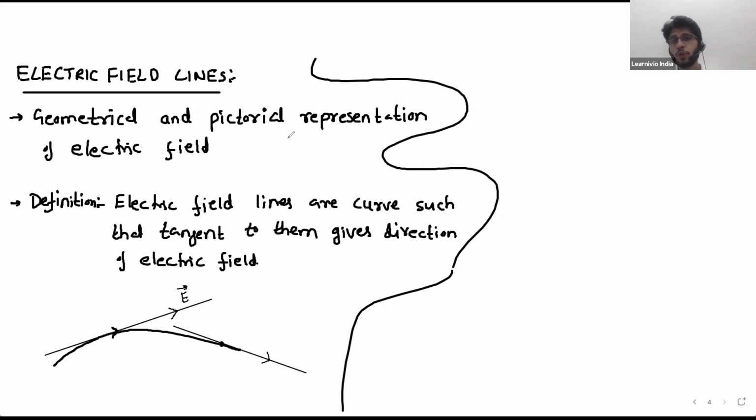Now, if this is purely a theoretical concept, then you should have some rules to draw these field lines. We have certain sets of rules to draw field lines. Those rules are also known as properties of electric field lines.